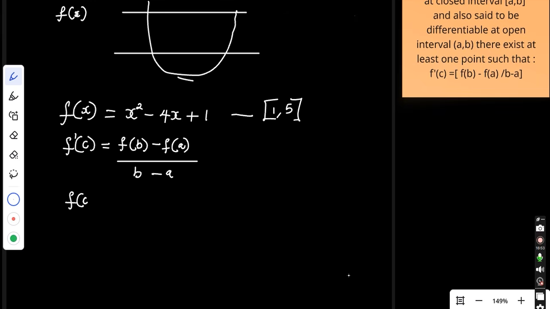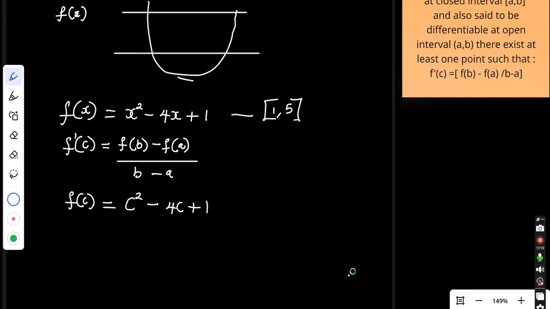If f of x is equal to x squared minus 4x plus 1, what will be f of c? F of c would be c squared minus 4c plus 1. Wherever we see x, we replace it with c. That's going to be f of c.